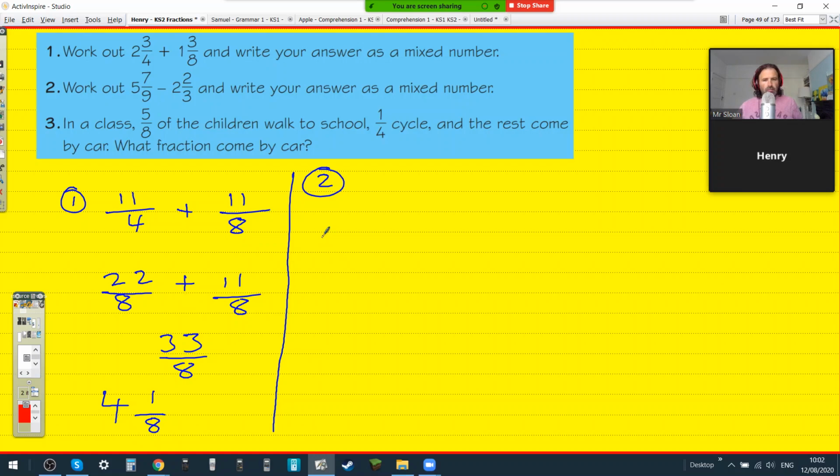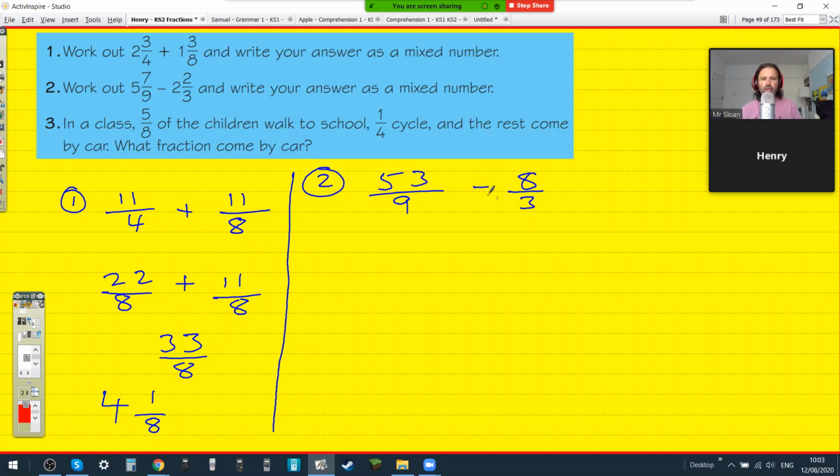Okay, so 46, 53 over 9 for 5 wholes and 7 ninths, and then 8 thirds.